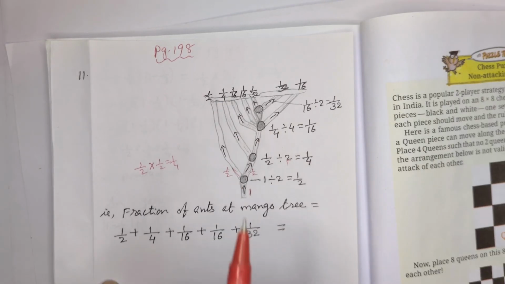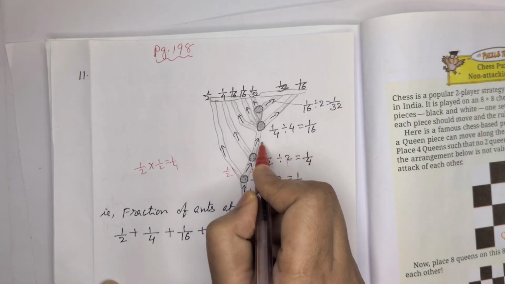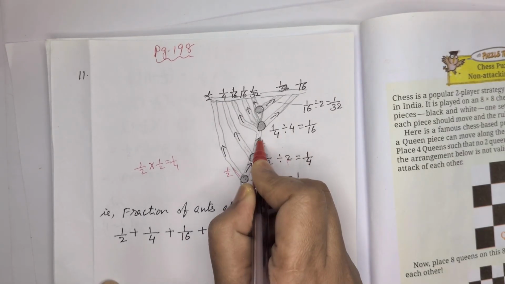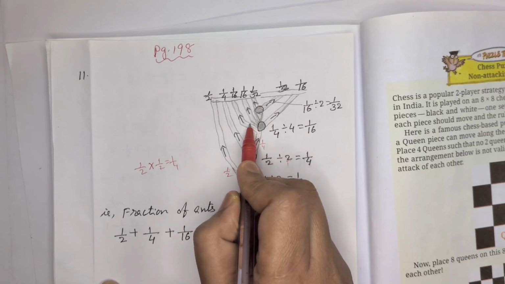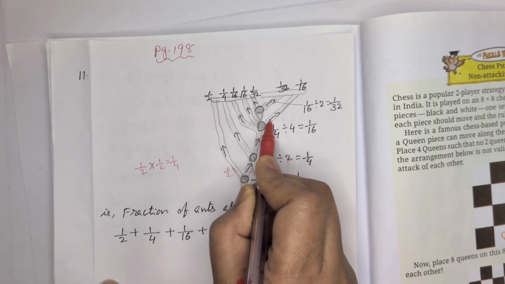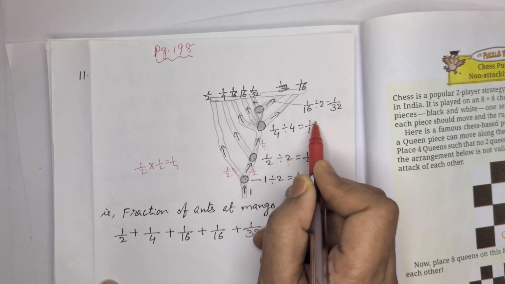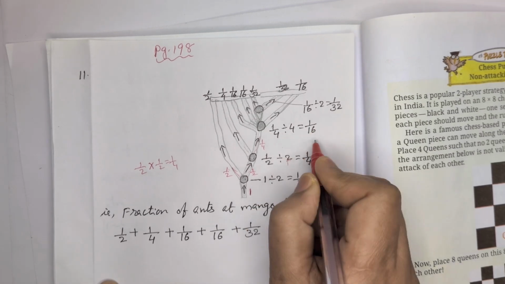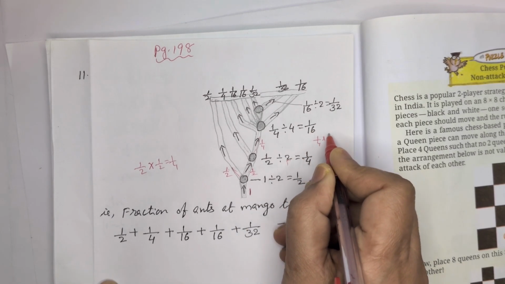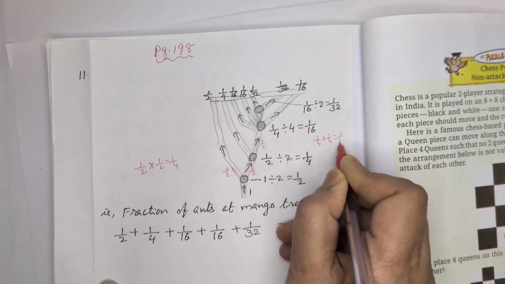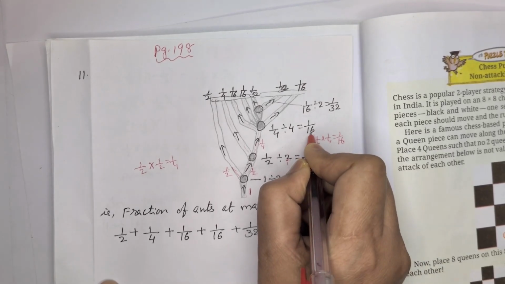Same way that is going straight, 1 by 4 here. Again the remaining 1 by 4 is going this way, that is divided here into 1, 2, 3, 4 equal parts. So 1 by 4 divided by 4 will come 1 by 16, which means 1 by 4 into 1 by 4 is equal to 1 by 16 here.